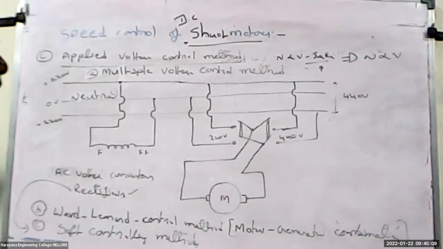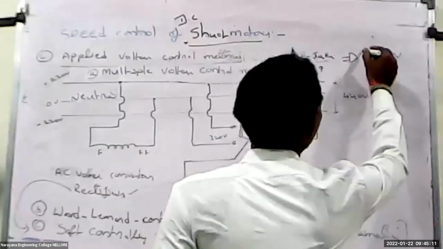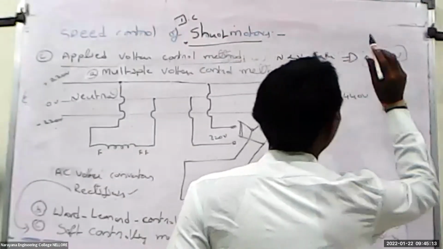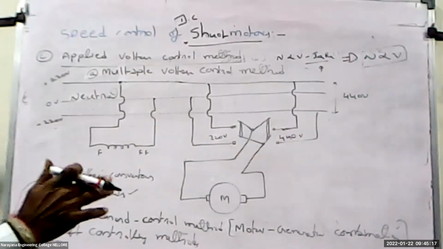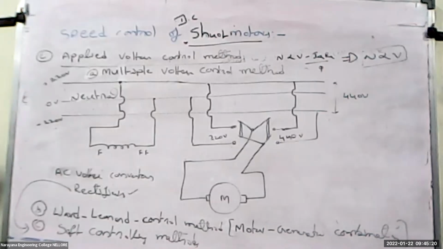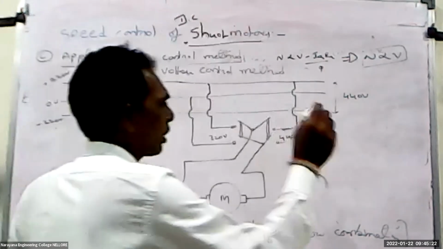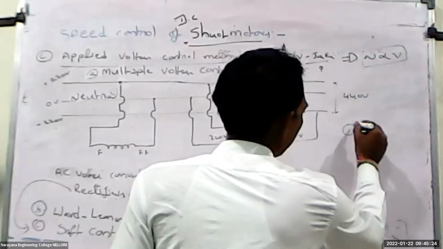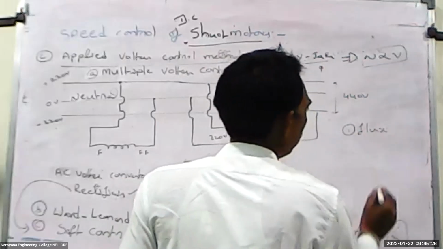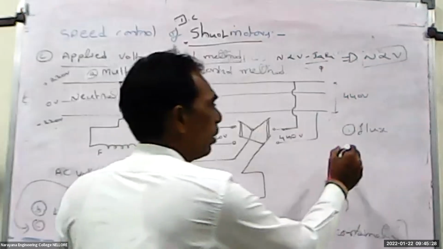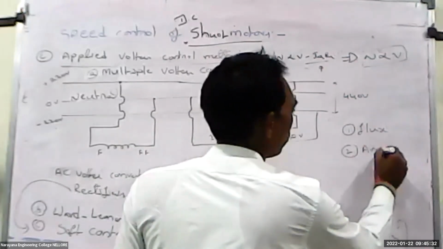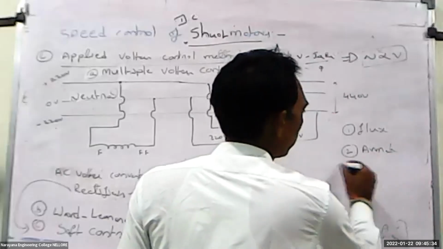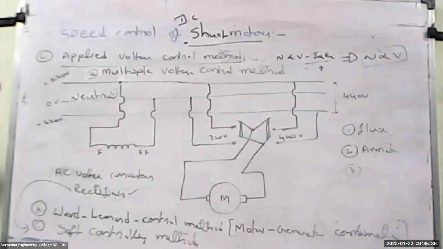Here you will observe the speed is directly proportional to voltage, which means speed is controlled from 0 to maximum. But in the previous case, one is the flux control method, that is above rated speed, and the armature control method, that is below rated speed, and the voltage control method we can use anywhere.